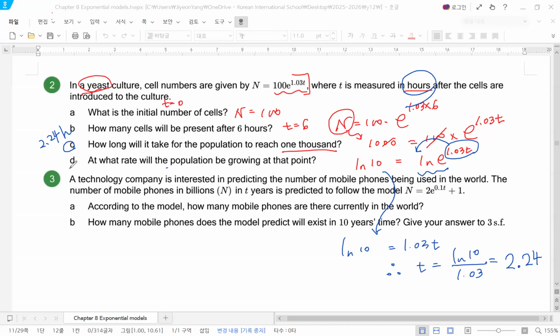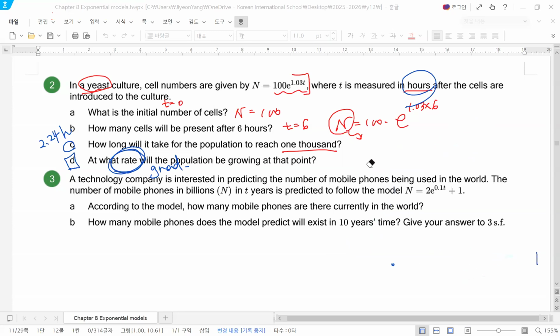And then question D, William, please read this one. Rate, what does it mean? Gradient, thank you so much. Please always think that rate, rate of change, they are gradient.